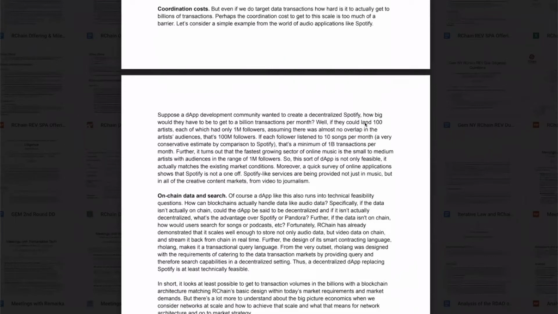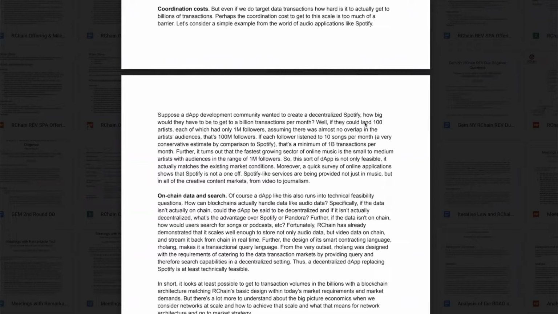Thanks. But now suppose that we see that if we shift the source of transactions, we can contemplate getting there, but there might be coordination costs that create an insurmountable barrier to getting those volumes of transactions, right?